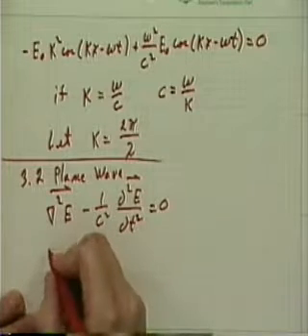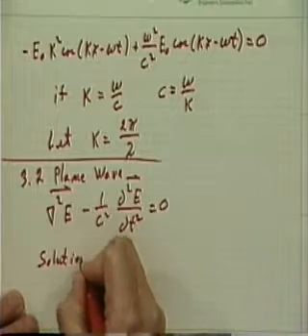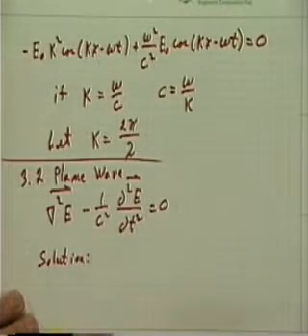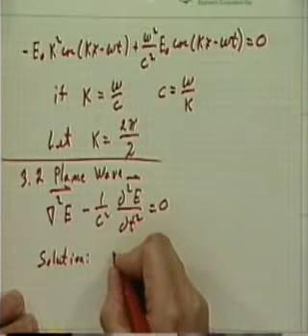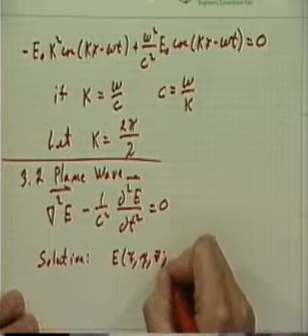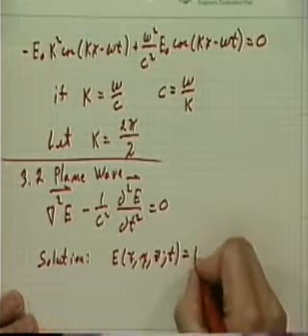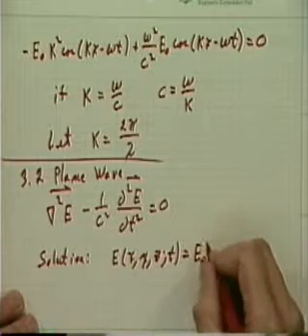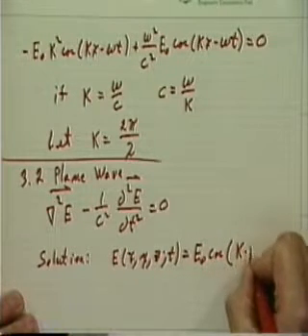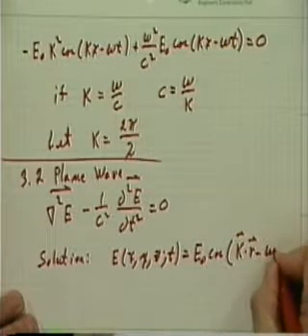And one solution here that we can find, and it just goes back to what we did for the one-dimensional case, is that E of now x, y, z, as well as time, t, is equal to E naught cosine k dot r, we'll worry about what k and r are in a second, minus omega t.